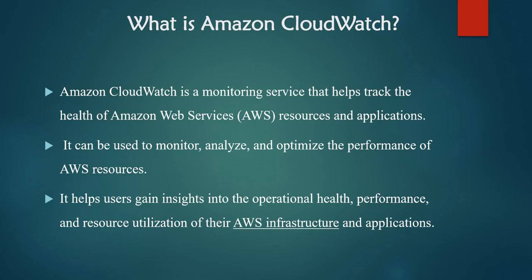Amazon CloudWatch is a monitoring service that tracks the health of Amazon Web Services resources and applications. It can be used to monitor, analyze, and optimize the performance of AWS resources, and it helps users gain insights into the operational health, performance, and resource utilization of their AWS infrastructure and applications.